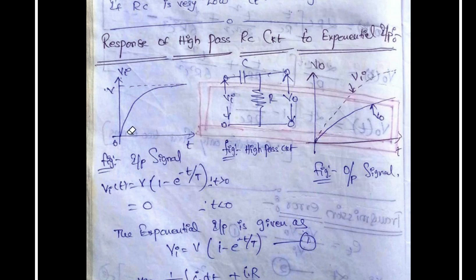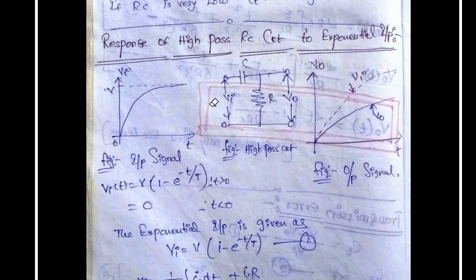Now coming to the second case, the input signal increases exponentially for t greater than 0. If we apply this signal to the circuit, the capacitor starts charging from its initial value to the final value. But the charging of the capacitor is exponential for the exponential input signal.